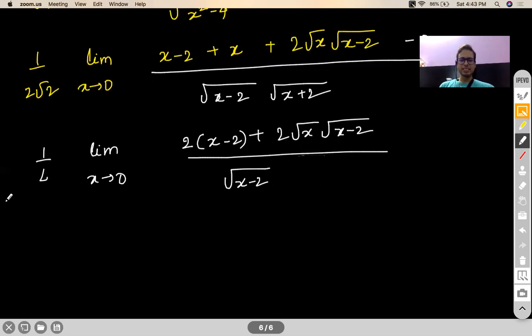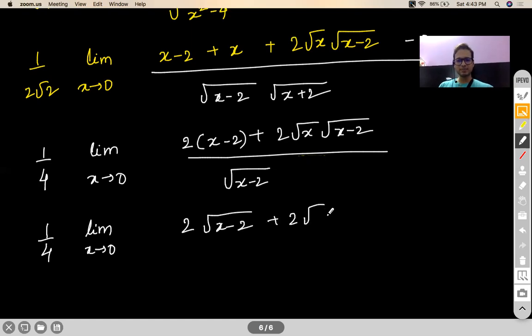Now, one root x minus 2 can be taken out each from the numerator and denominator, and you can cancel them off. So if you take root x minus 2 common from the numerator and denominator and cancel them off, you will be left with under root x minus 2 times 2 plus 2 under root x, and the denominator will get cancelled off. Correct?